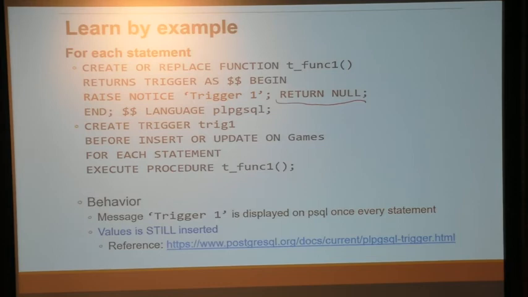There's a good reason. Right? Your single statement may insert 6 things, but you only activate the trigger once. Then how would you affect all those 6 values? Okay? So if you want to modify whatever it is you're inserting, then you have to use for each row. All right? So if it's for each statement, then you cannot modify whatever it is you're inserting.